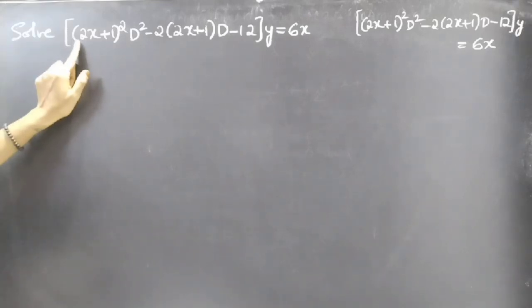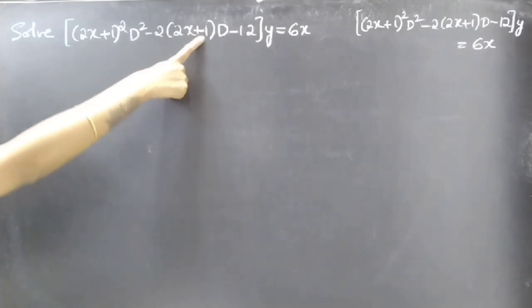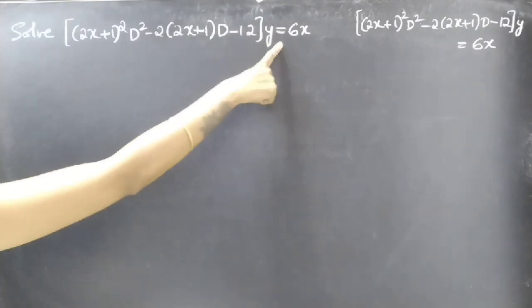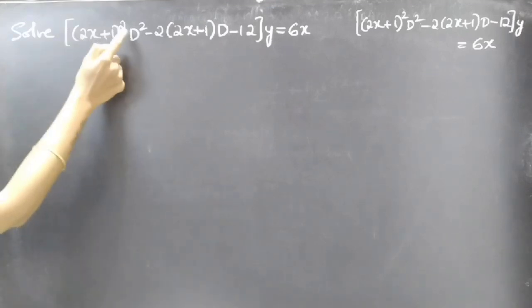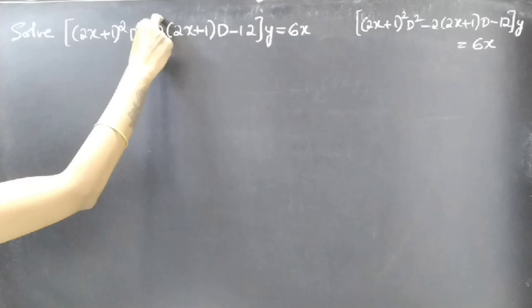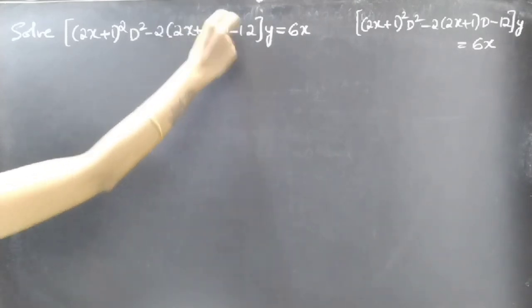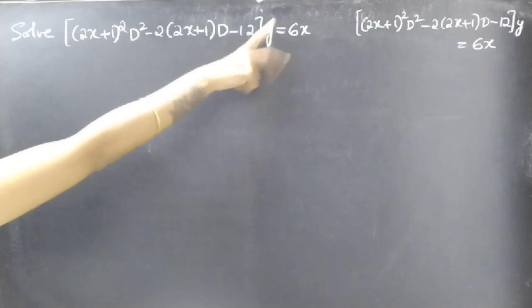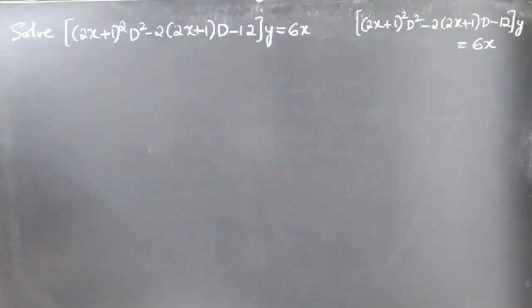Solve (2x+1) whole square into d square minus 2 times (2x+1) into d minus 12 into y equal to 6x. So this is of the form (ax+b) whole square into d square plus some constant p1 into (ax+b) into d minus some constant into y equal to some function of x, right?